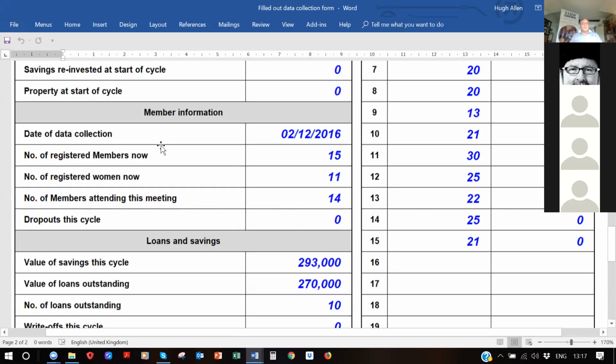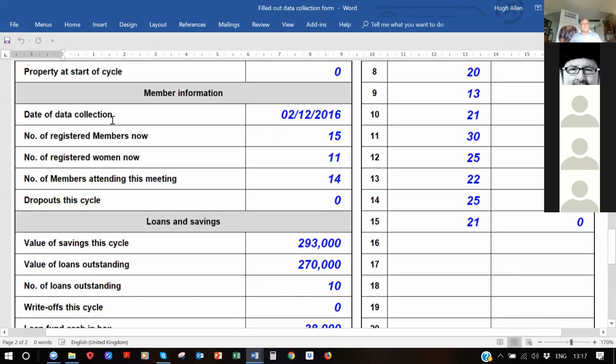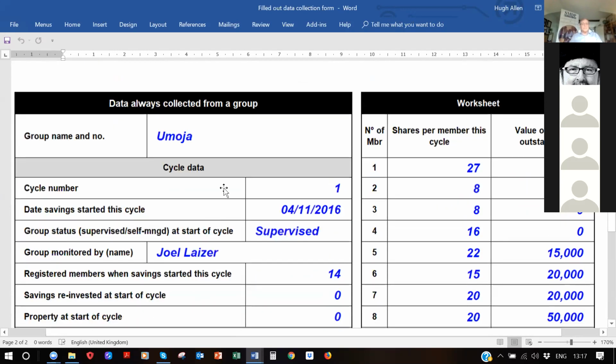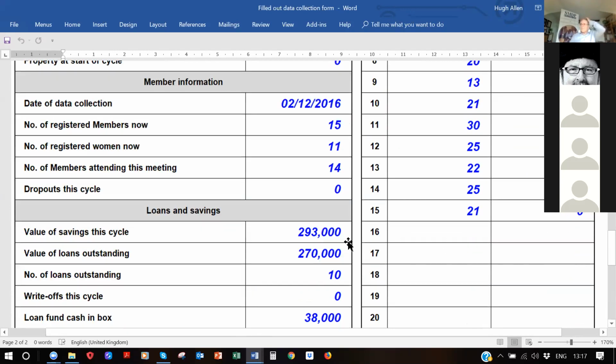And what did we call this part of it? If we had static data and cycle data, what did we call the rest of the data? Maybe I didn't make myself clear. Anybody want to take a guess?